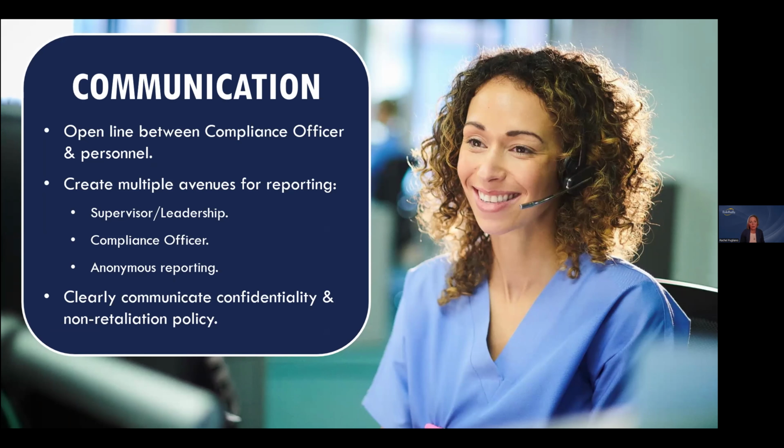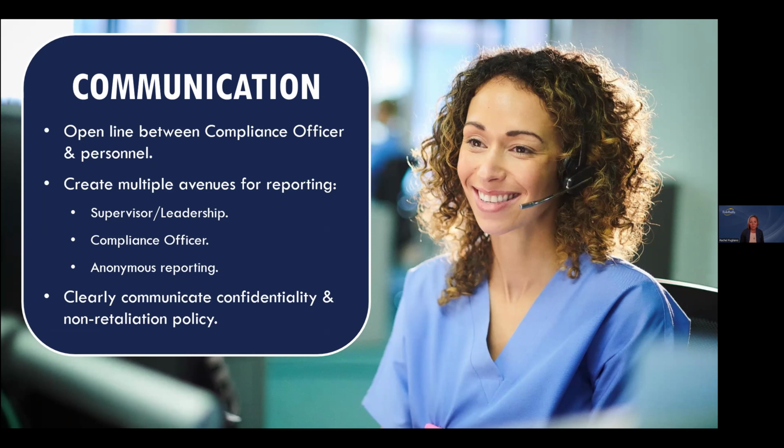One thing that the program guidance stresses is the ability to have an anonymous reporting option. So they do say that at least one anonymous reporting option should be available, whether it's a hotline, whether it's an email address that doesn't necessarily track their email address. Maybe it's a form on the website that they can complete and submit, those types of things.